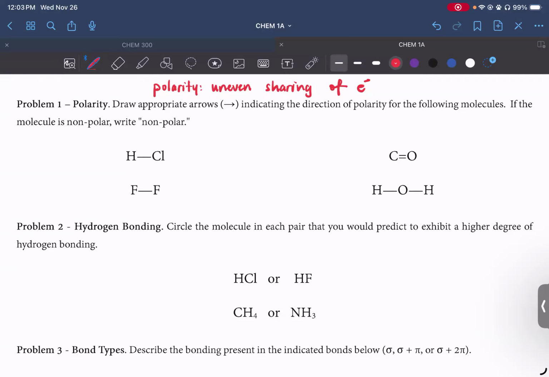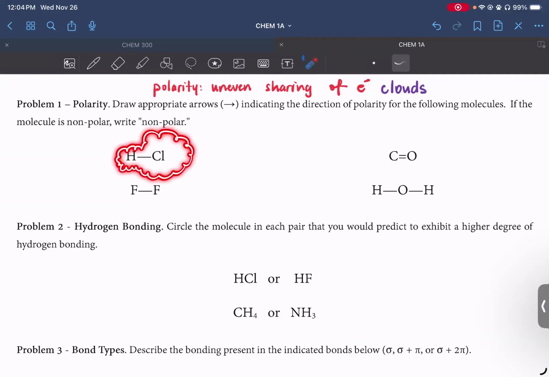Now, one of the key factors behind understanding polarity is no longer thinking of electrons as discrete particles, but rather as clouds like you would see in the sky. So when we think of the more traditional shape of a cloud, it's easy to understand how a cloud isn't symmetrical. In other words, we could have a situation where the cloud on one side is larger than the other.